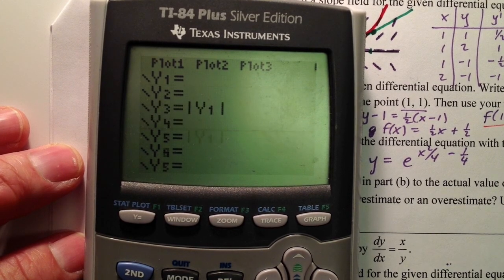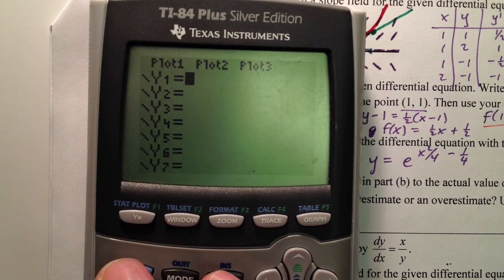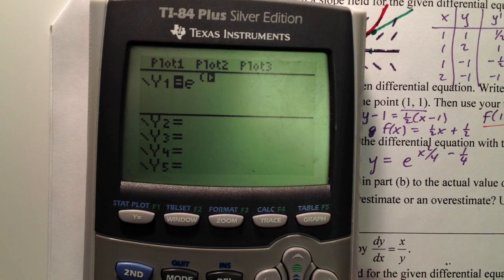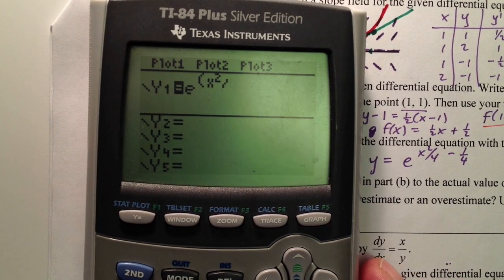Let me clear out my functions. So we're just going to type in our y1 to be e to the, what is that, x squared over 4. So I'm going to put it in parentheses, x squared divided by 4. Okay, and I'm going to close the parentheses there.